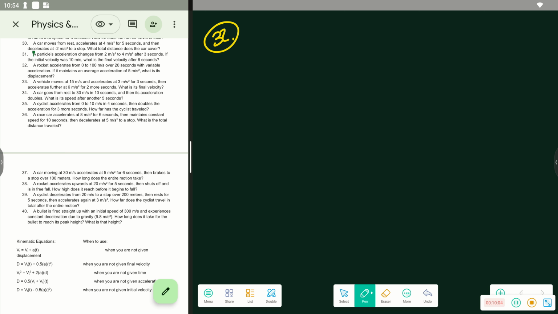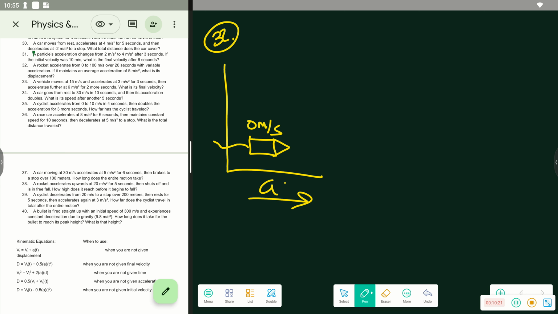Well, okay, so are there two different kinds of movement here? No, it just goes from start to end, right? So you have a rocket that starts at 0 meters per second. The acceleration's positive, the displacement's positive, okay?